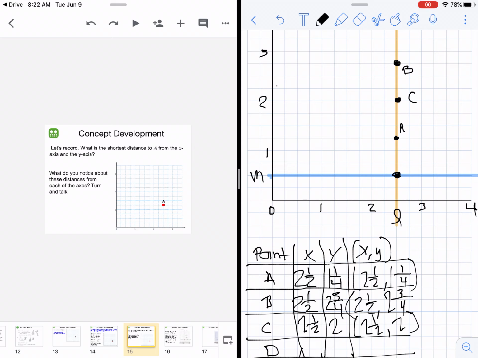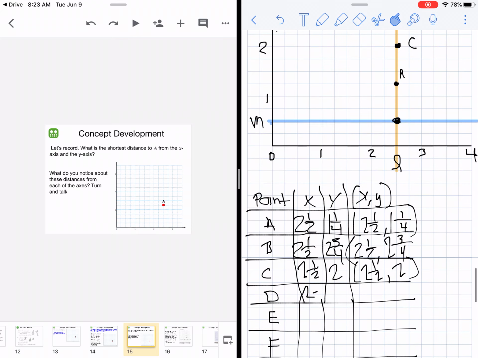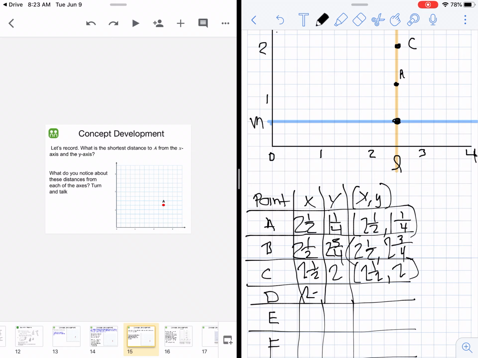So D is going to be on the same x-axis, 2 1/2, and it's on the line M, so it's going to be 1/2. So D, E, and F are all going to be on line M, so the y coordinate is all going to be 1/2. Good. You can already fill in that y coordinate.